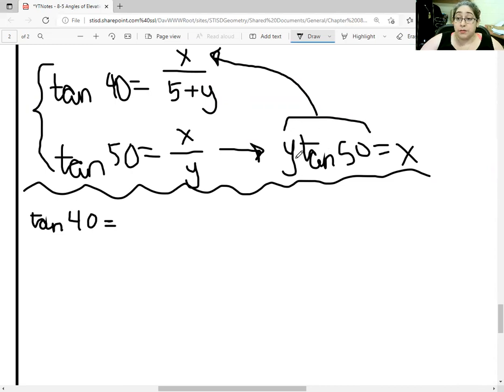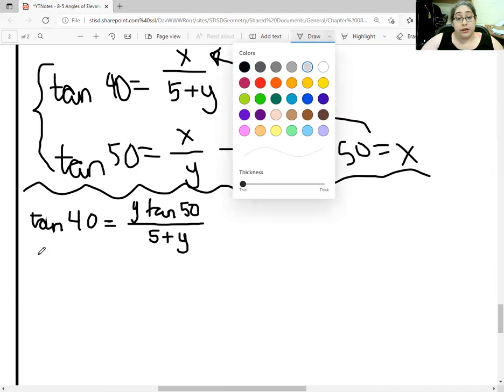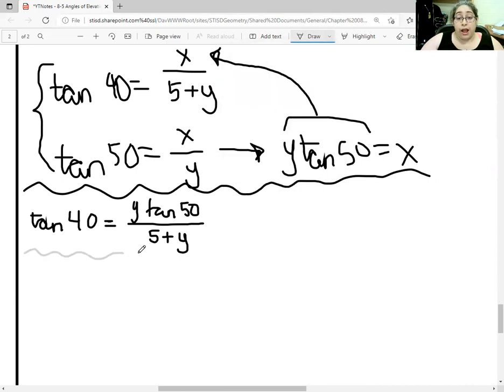Instead of x, I'm going to write y times the tangent of 50, because that's what I found x equaled in the second equation of this system. Put the division bar back and then 5 plus y in the denominator. This is the equation that I want to solve for y.